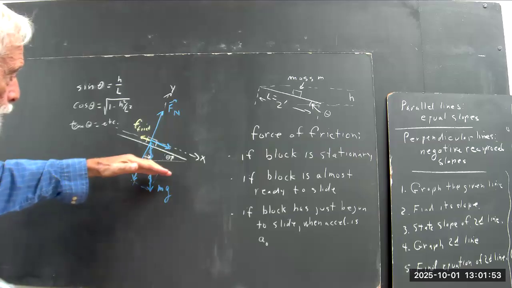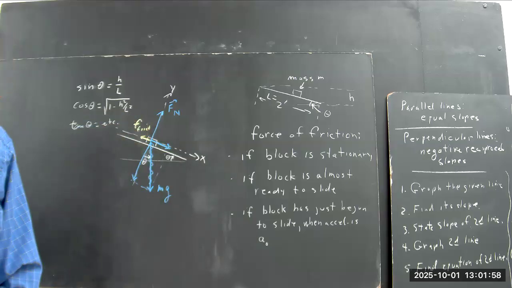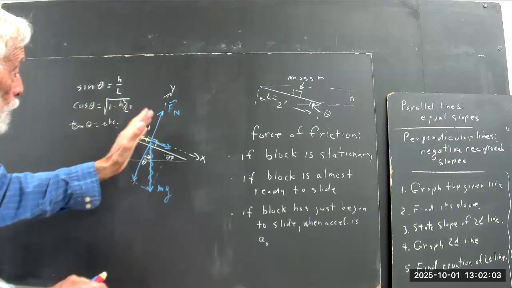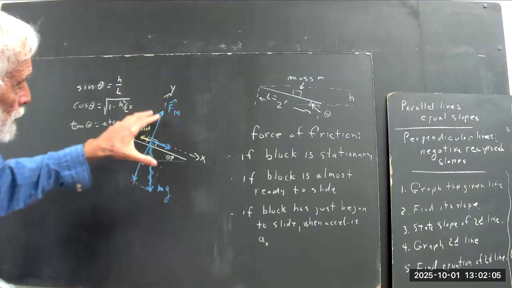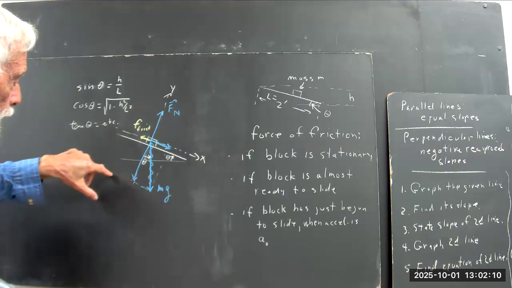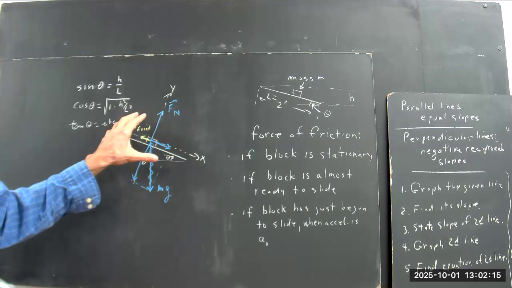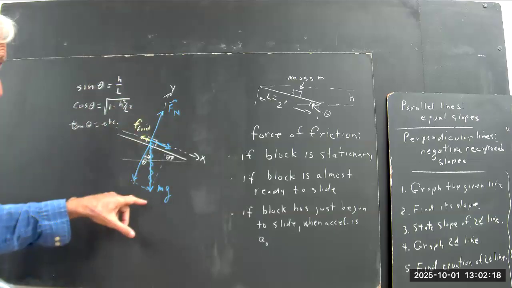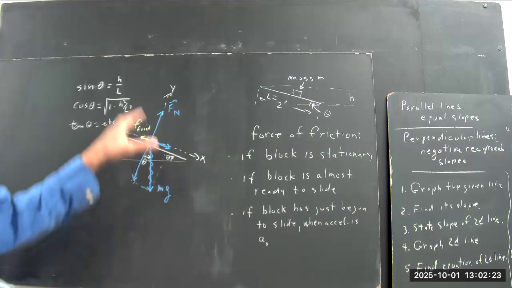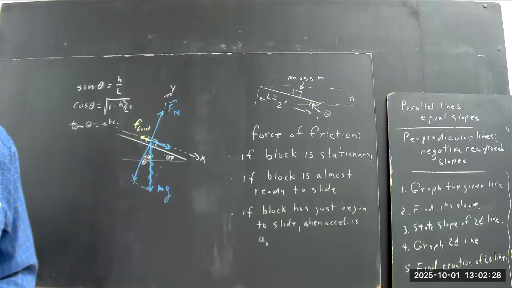If you start tilting the thing a little bit, your y-axis tilts out, but mg stays where it is. Make sense? If I tilt this a little more, make the angle a little bigger, the whole x and y coordinate system would rotate this way, and that would rotate the y-axis away from this vector. If I rotate it back to where the y-axis is vertical, this angle shrinks to 0, and so does this. Then as I rotate it away from that, this angle and this angle stay the same.